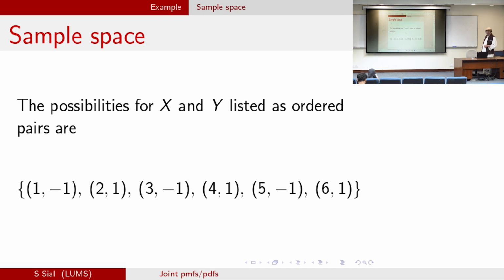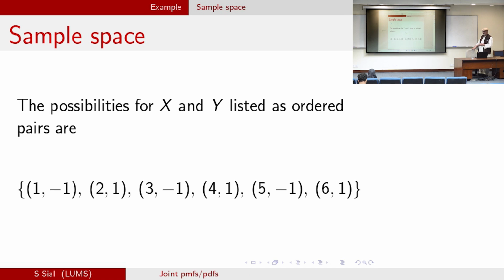Okay, so we roll a die, and what are the possible results for x? Well, x is the result of the roll, so x could be 1, 2, 3, 4, 5, 6. So those would be in these ordered pairs. The value that x takes after the experiment is over is the first element in the ordered pair, and y would be the second element. So if we rolled a 1, we rolled an odd, so y is -1.